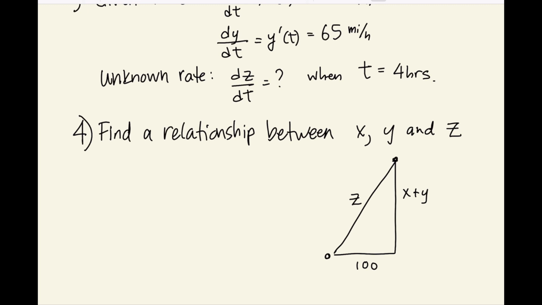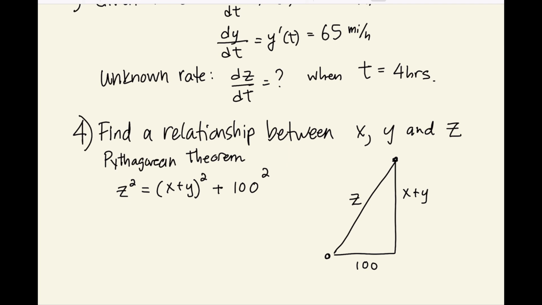So the relationship is the Pythagorean theorem. Okay, we have that z squared is equal to (x plus y) squared plus 100 squared. Okay, and that is a relationship that relates the three changing quantities.